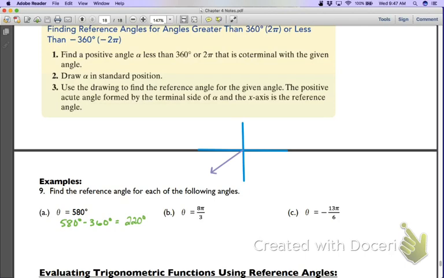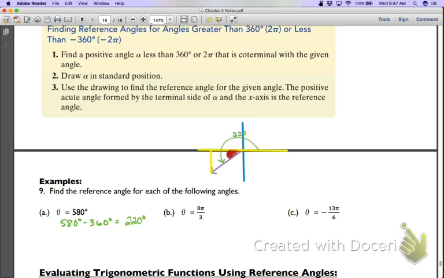That's all that does. Now, just like I did before, I still need to get back to my triangle, or make my triangle. So how do I find this red angle here? What's this actual angle measurement? It's 220 from there to there.